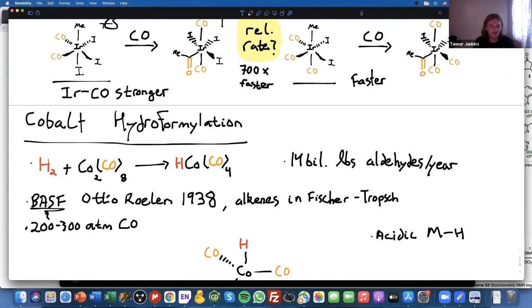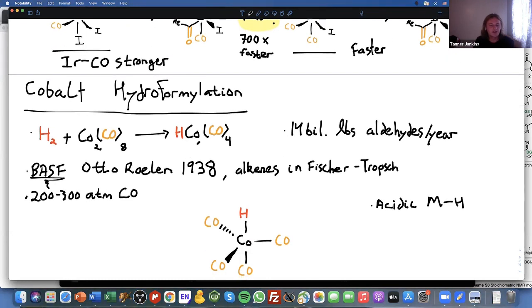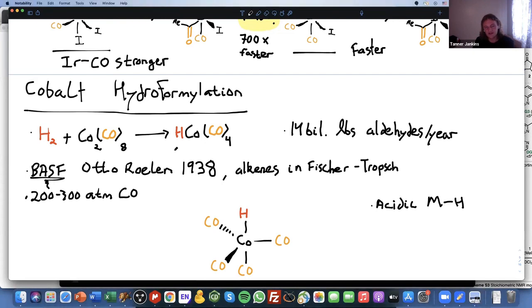And so the active catalyst, the cobalt monohydride here, is formed directly by the reaction of the bimetallic cobalt carbonyl with hydrogen in a sort of bimetallic oxidative addition.